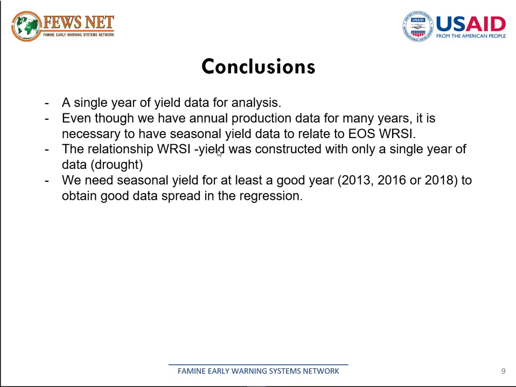Even though we have many years, we only have production, and we really need seasonal yield data to be able to relate it to end of season WRSI. The other thing is that 2014 was a drought year according to our WRSI, so that is giving us very low WRSI values. So it would be great to have either 2013, 2016, or 2018 seasonal data so that we could complete the model.